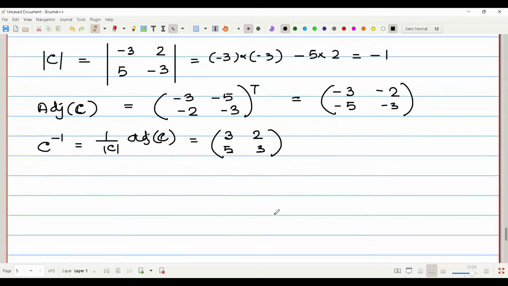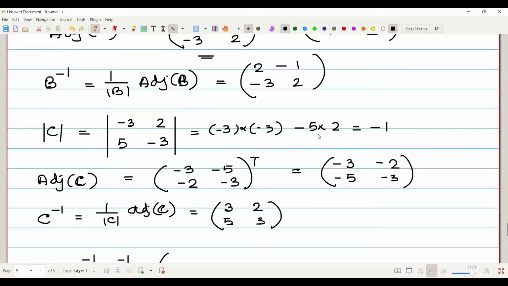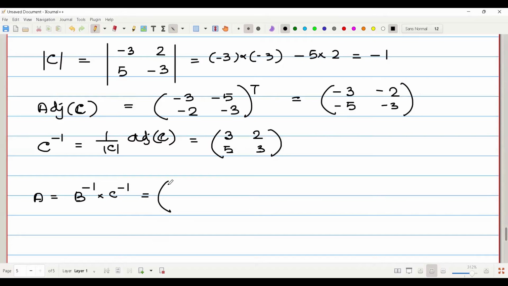So for A, we have to find out the value of B inverse into C inverse. B inverse means 2, minus 1, minus 3, 2, into 3, 2, 5, 3.